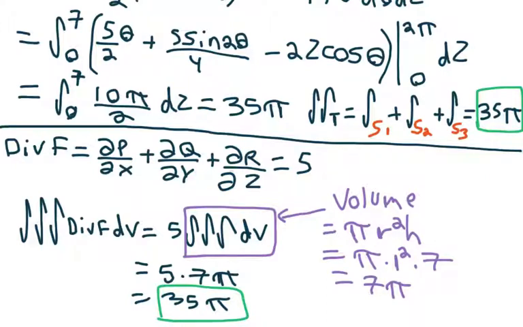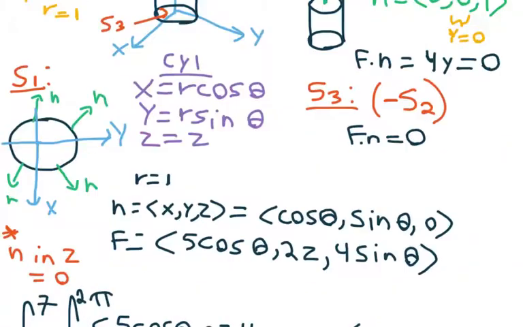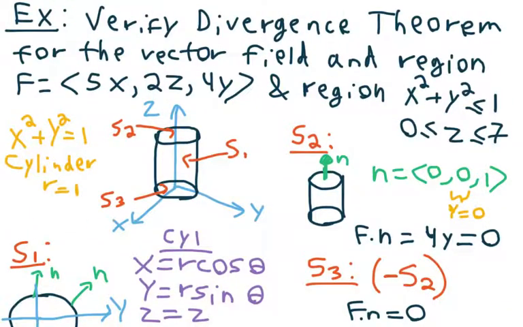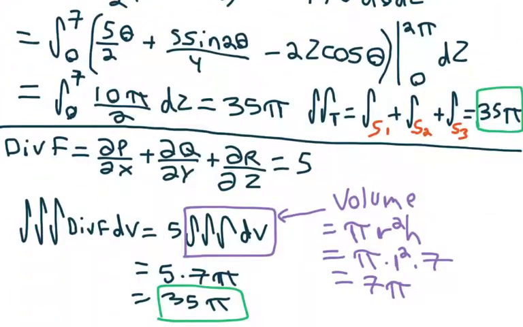And we know that the triple integral of dV is simply the volume. What's the volume for a cylinder? Well, it's πr²h, r being 1, and h being the maximum z value, which was given at the beginning to be 7. So we can calculate the volume of the cylinder to be 7π, and then the triple integral of divergence F dV is going to be 5 times 7π, which is 35π.